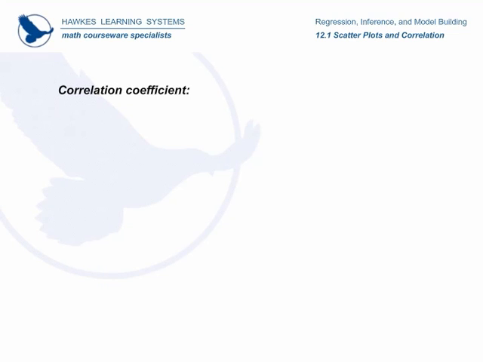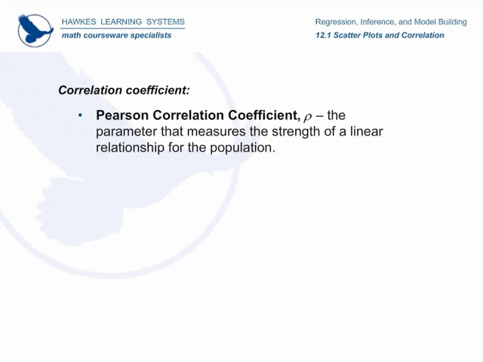Now let's take a look at another concept dealing with correlation, and that's the correlation coefficient. We've got 2 types. First, we've got the Pearson correlation coefficient represented by the symbol rho, and that's the parameter that measures the strength of a linear relationship for the population.